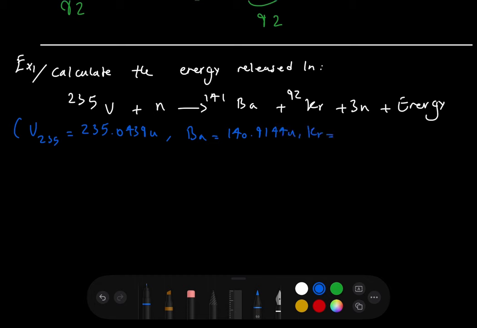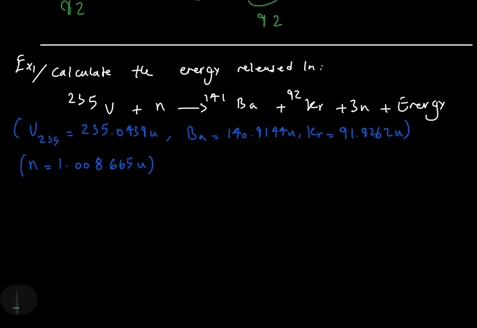Krypton, on the other hand, has an atomic mass of 91.9262 atomic mass units. And the atomic mass of one neutron is approximately 1.008665 u.